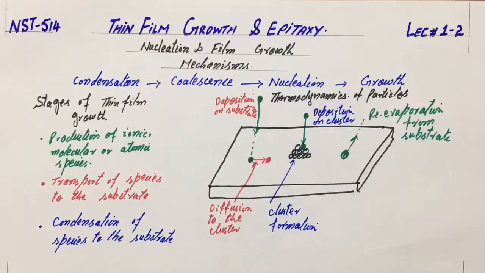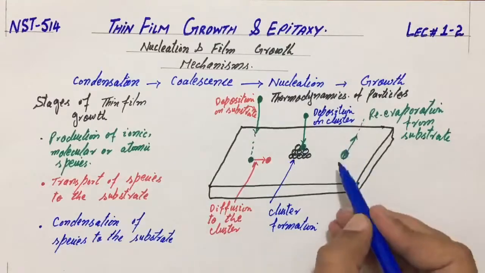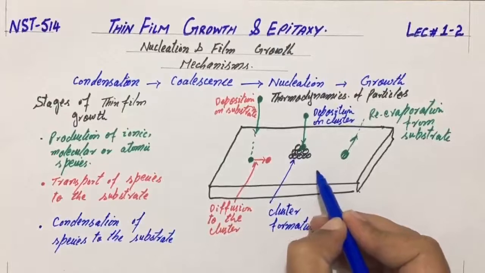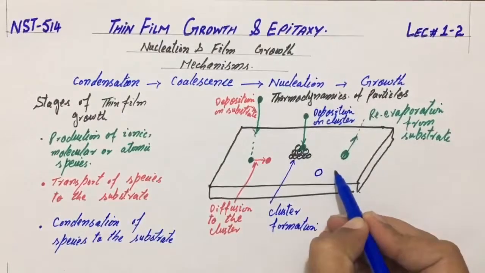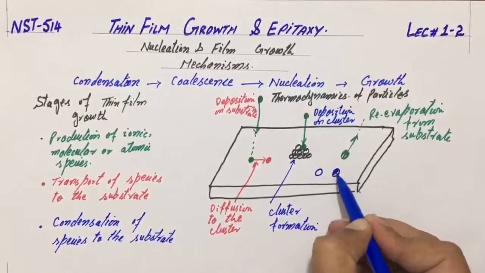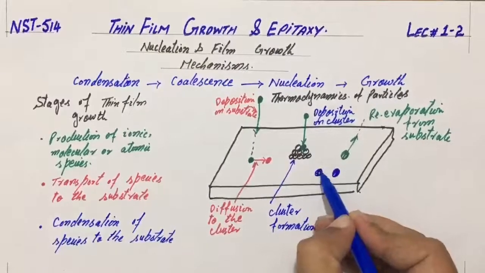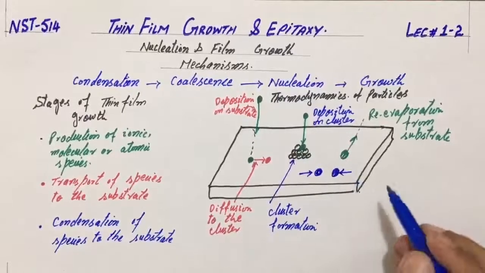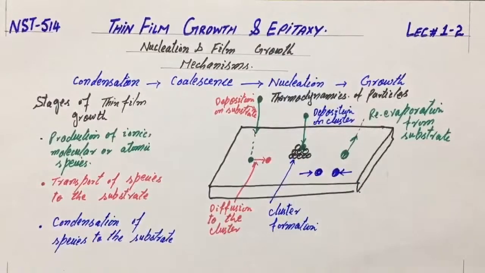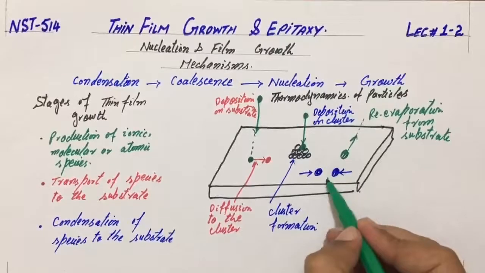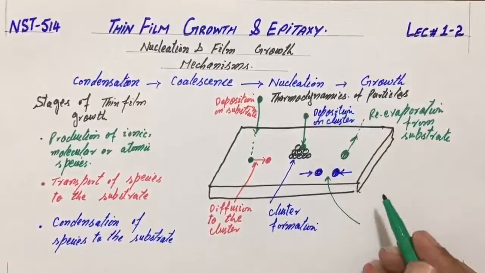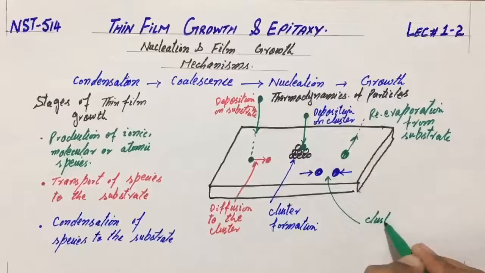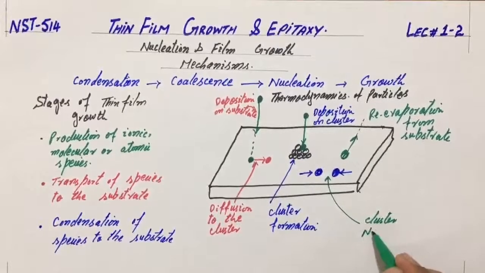And the last parameter, which is the initial parameter for nucleation, is that the moving particles nucleate together. So this one is particle nucleation, in which they come together to nucleate. You can see that cluster nucleation.